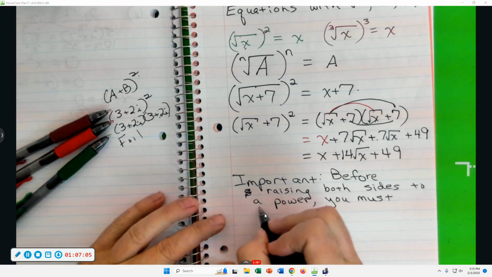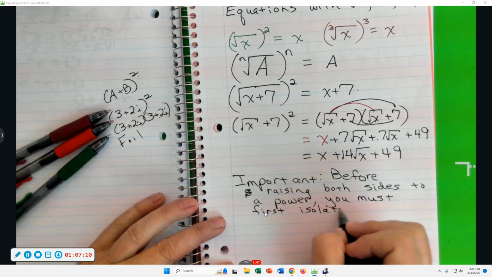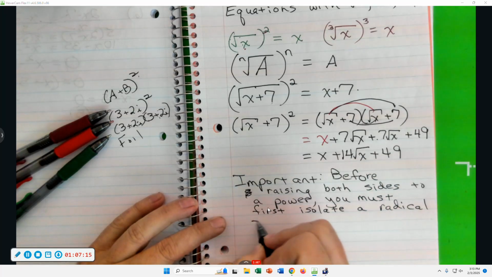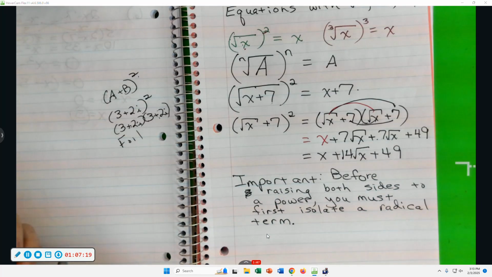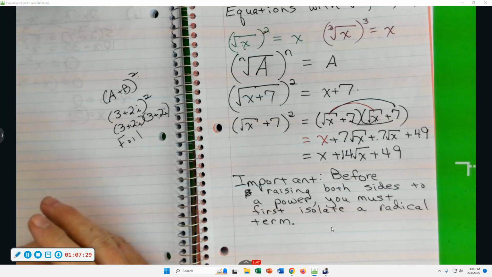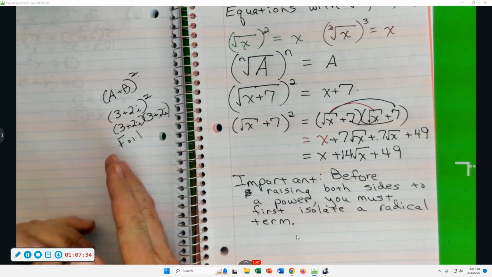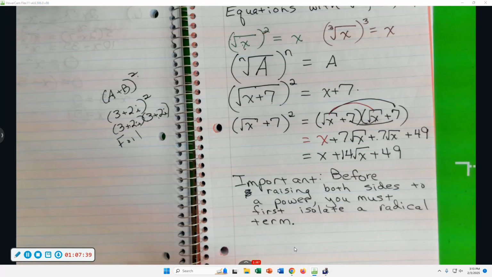I'm running out of room. Now, if there's only one square root in the problem, isolate it. If there were two, well, isolate one of them. And it's usually pretty obvious which one, how you move them around. But before you start to raise both sides to a power, you have to isolate a radical term. And once I isolate that radical term, I'm not going to look back at the original problem.